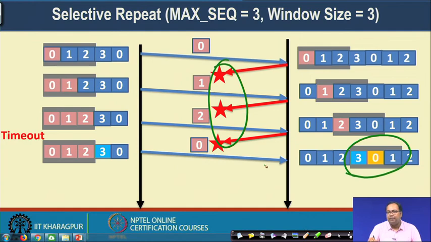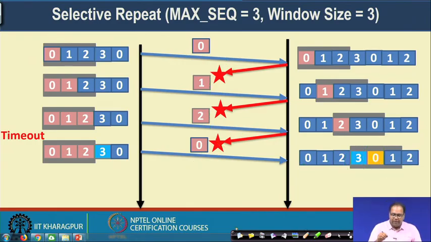Now in this case remember that the receiver can receive frames out of order, which was not possible in the case of go back N ARQ, but because the receiver can receive frames out of order, the receiver will think this 0 is the 0 which it was expecting, but this was not the 0 that was being transmitted; this 0 was being transmitted.